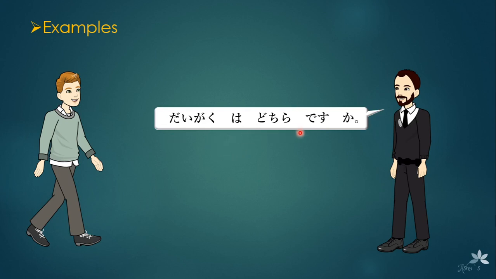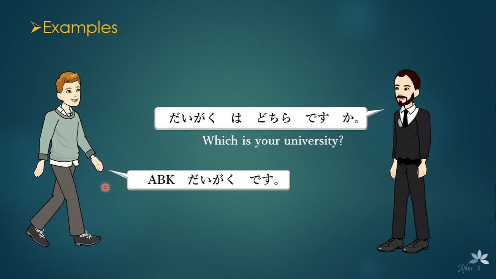Daigaku wa dochira desu ka? So next he is asking, which is your university? Or in other words, where do you study? He says, ABK Daigaku desu.